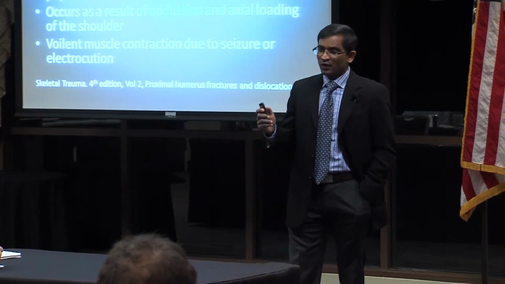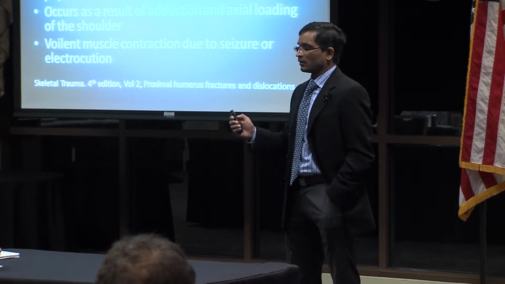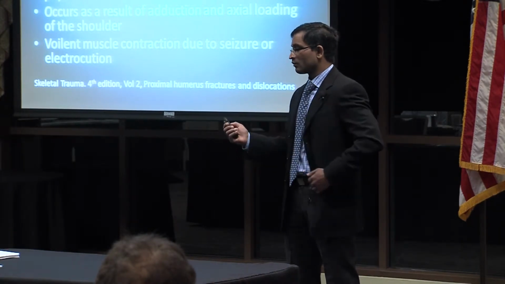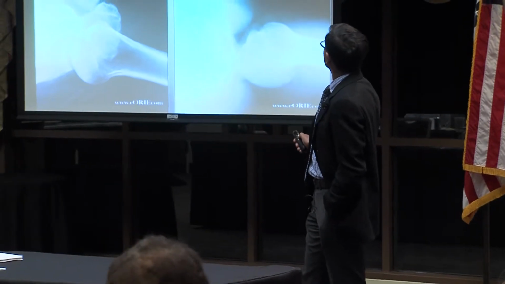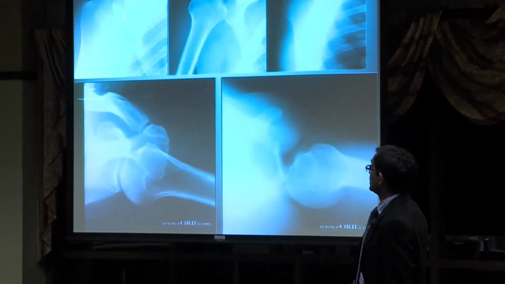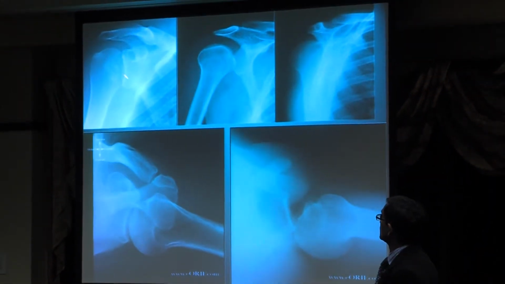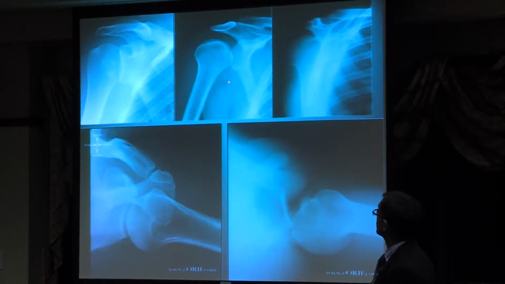Radiograph-wise, it's very easy to miss a posterior shoulder dislocation in just a plain AP and scapular view. On this one here, it's pretty evident, but here you cannot say whether it's a posterior dislocation or not.